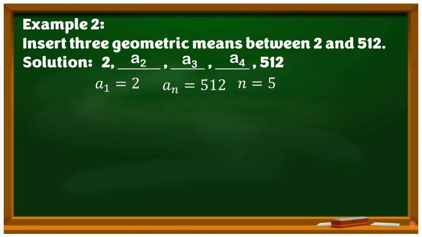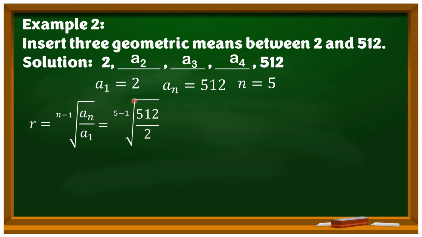Next, we're going to solve for the value of r using the same formula. We substitute the value of n as 5, a sub n as 512, and a sub 1 as 2. So 5 minus 1 is equal to 4, and 512 divided by 2 is equal to 256.